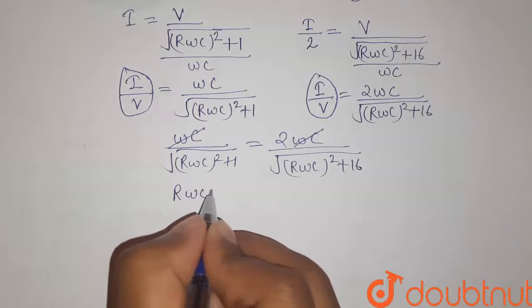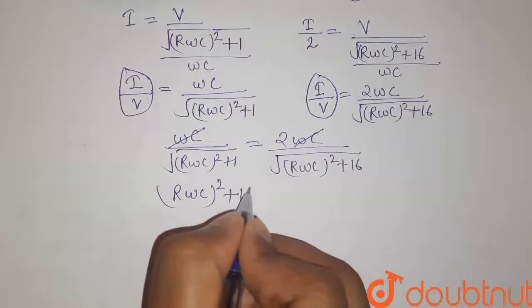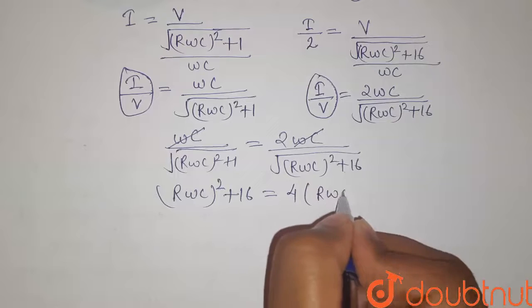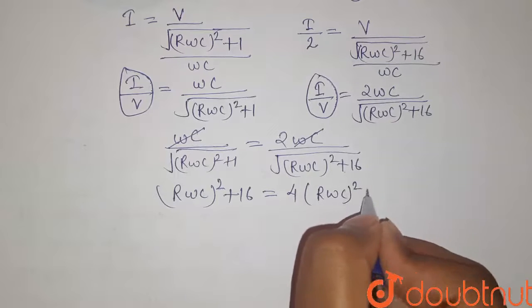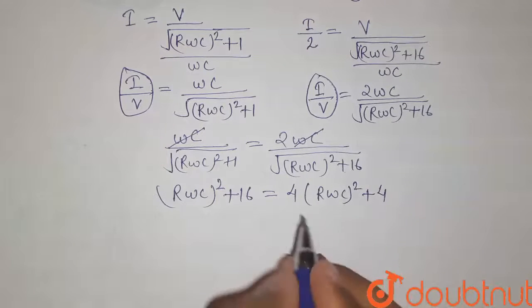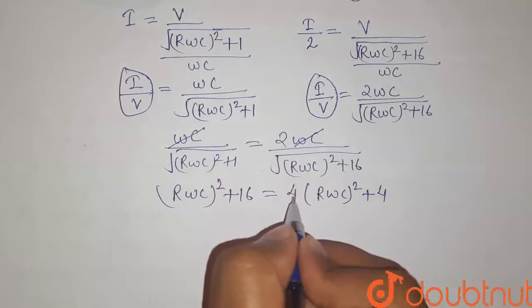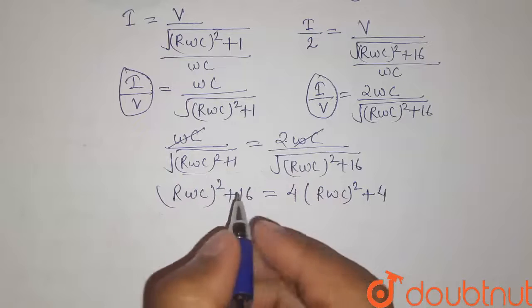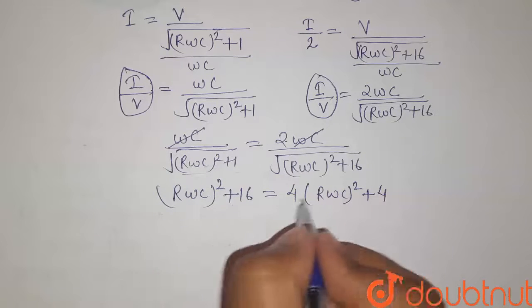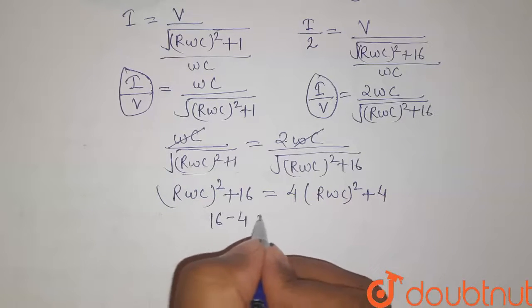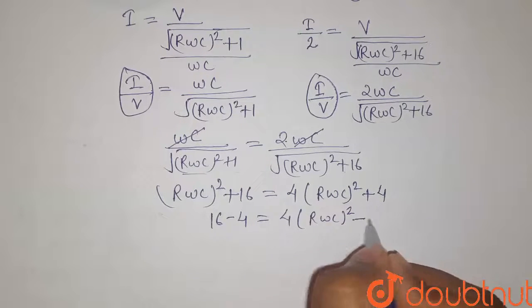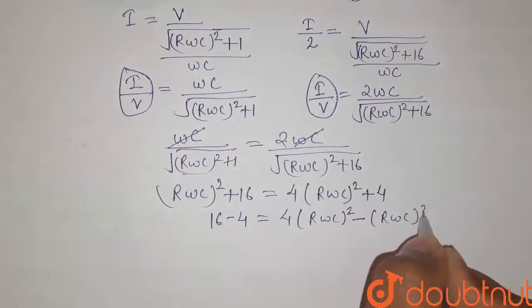On cross multiplying and squaring both sides, we have (R omega C) whole square plus 16 equals 4 times (R omega C) whole square plus 4, because the square of 2 becomes 4 and it multiplies both these terms. Now simplifying, we have 16 minus 4 equals 4 (R omega C) square minus (R omega C) square.